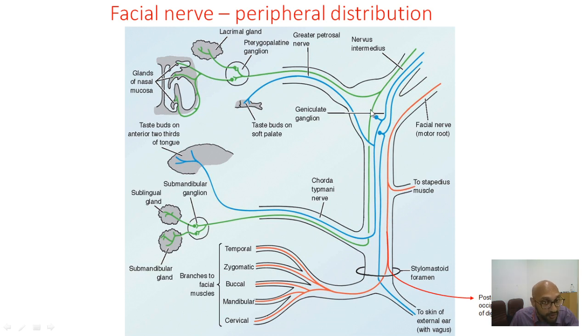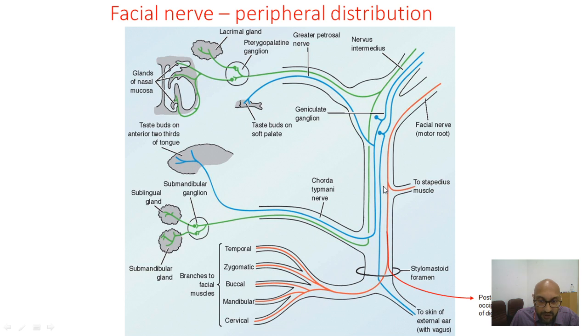This is extremely important. You please understand why I am telling you this. The greater petrosal nerve, which has parasympathetic as well as some sensory components, is given off at the level of the geniculate ganglion. At the promontoric part, it gives off the branch to the stapedius, which is the motor fiber.